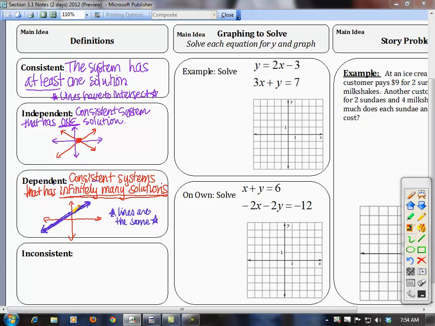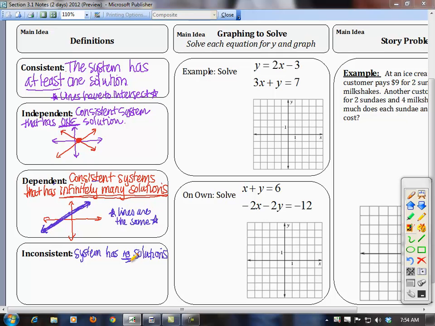The last definition that we want to know is inconsistent. And this means that the system has no solutions.